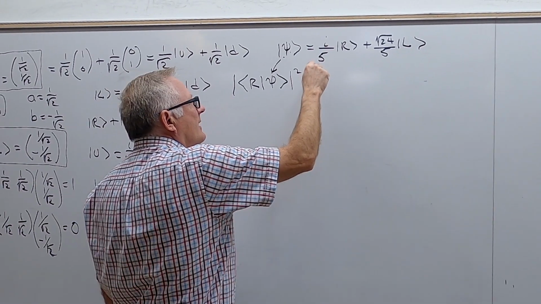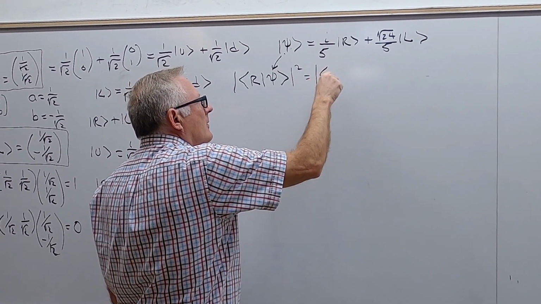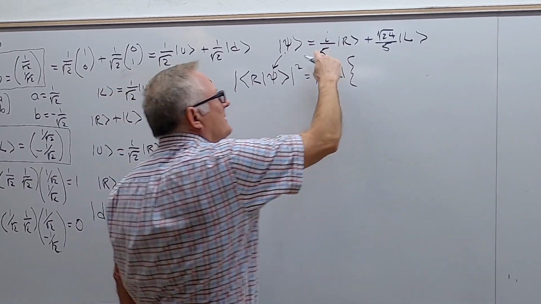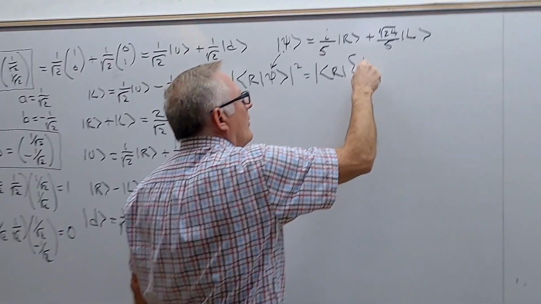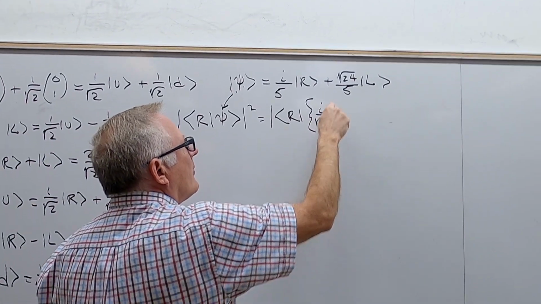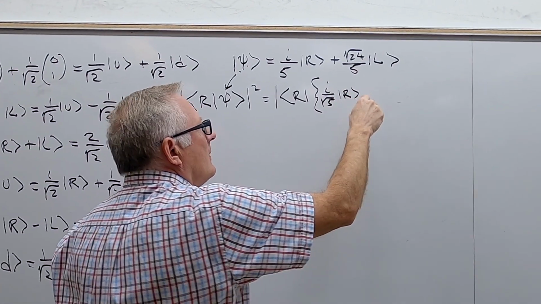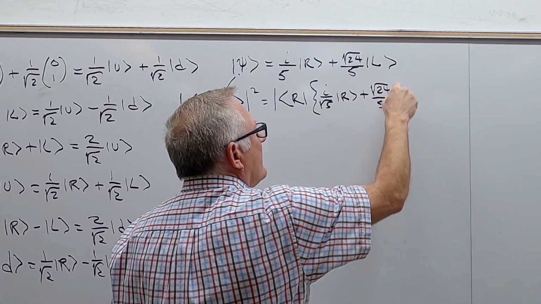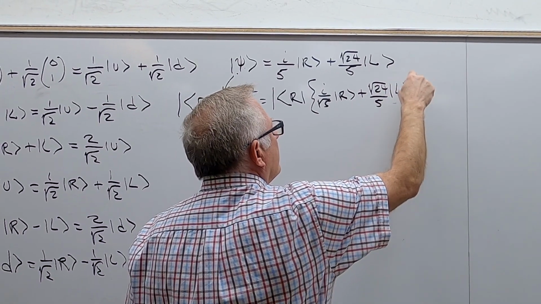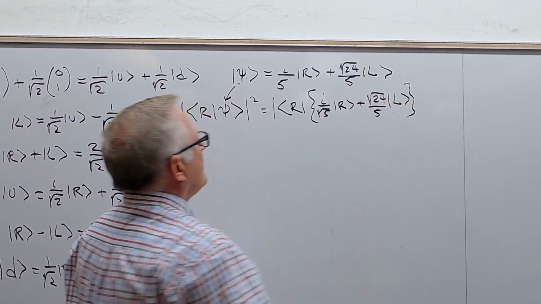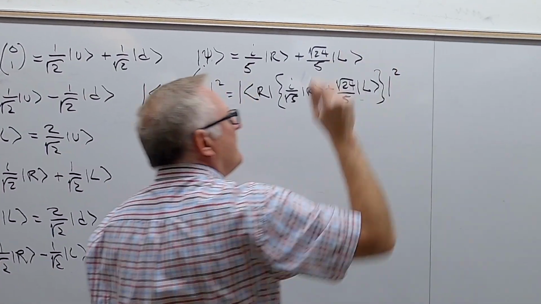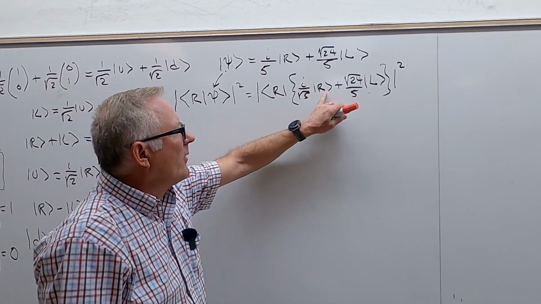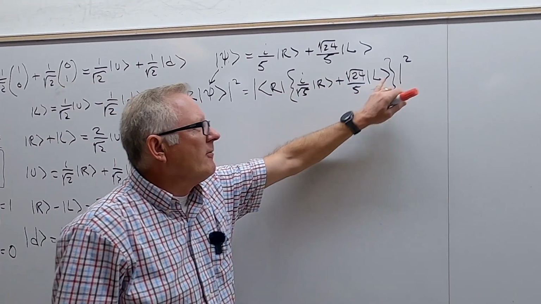That's equal to right, and then we have psi, which is all of that: i over the square root of 5 right plus the square root of 24 over 5 left, squared.